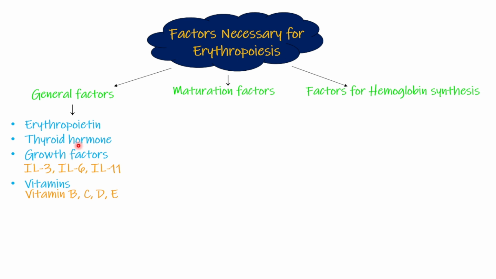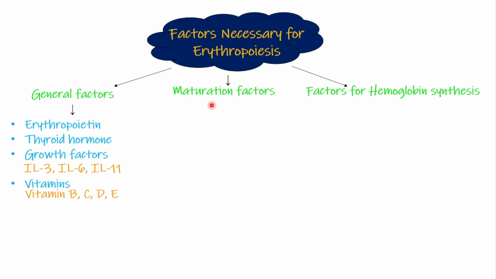We'll discuss thyroid hormone in detail when we discuss endocrinology. Then we have growth factors, as discussed in the colony-forming units and pluripotent hematopoietic stem cell differentiation. We discussed interleukin 3 there, which is causing the growth. There are also a few other interleukins which are important growth factors, like interleukin 6 and interleukin 11. Then vitamins are also necessary for erythropoiesis, like vitamin B, C, D, and E. These are the general factors.